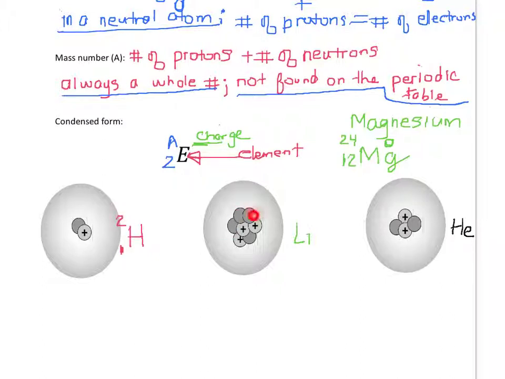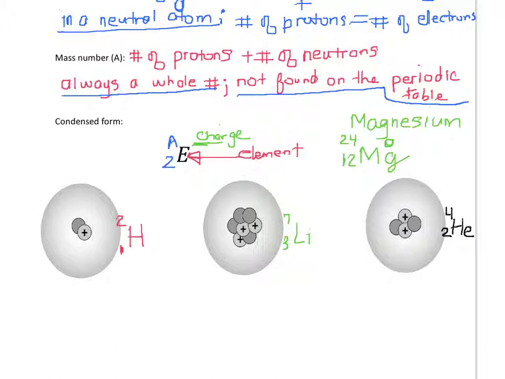Next, 1, 2, 3, 4 neutrons with 1, 2, 3 electrons. So 3 and 7. Then 1, 2, 3, 4, so a total mass number of 4 and 2. So there you have it. That's how we've written the condensed form for these atoms.